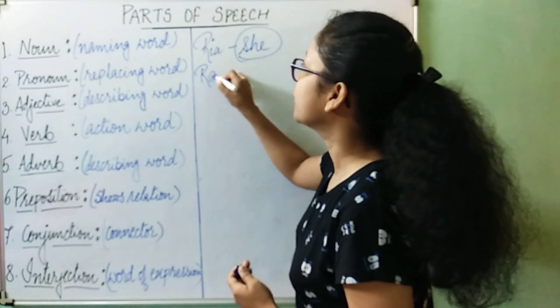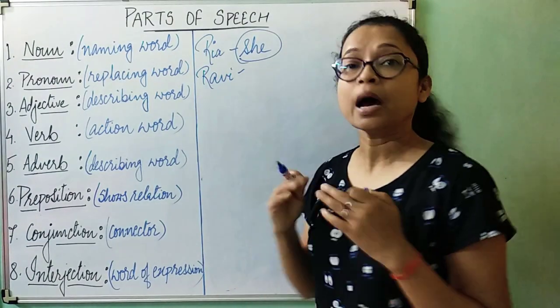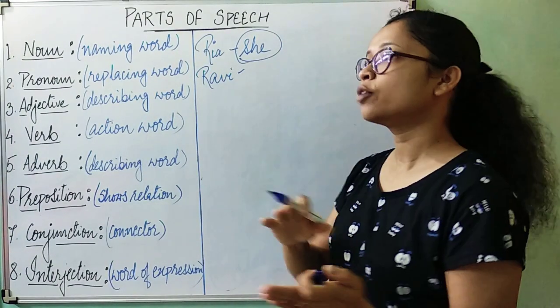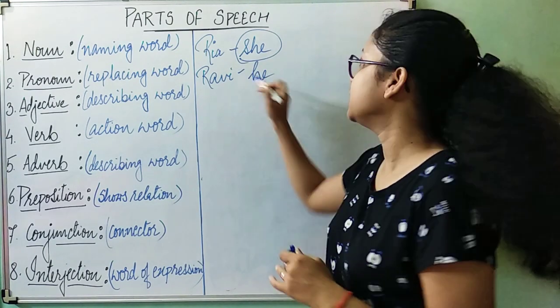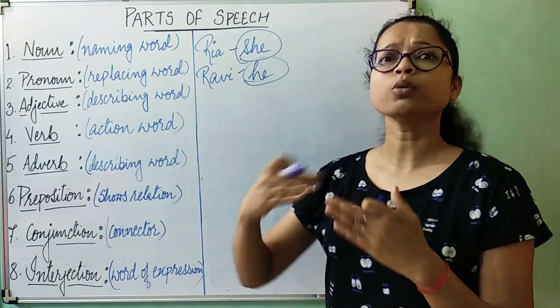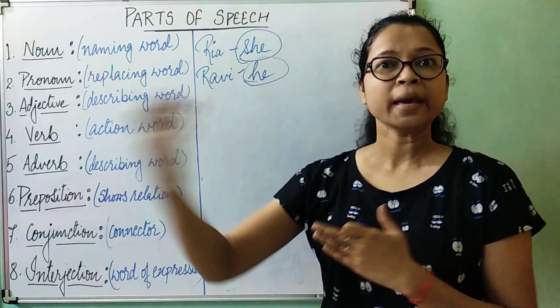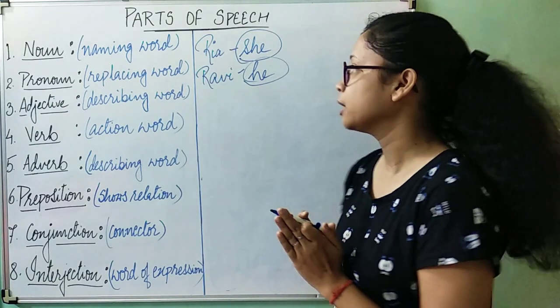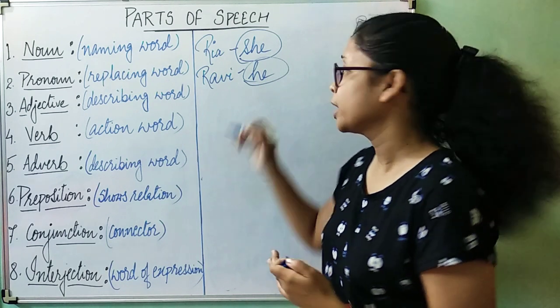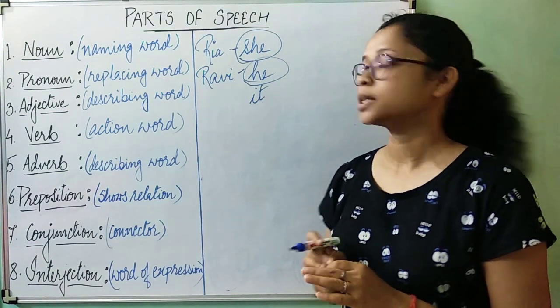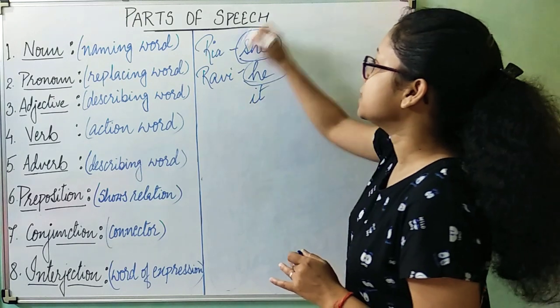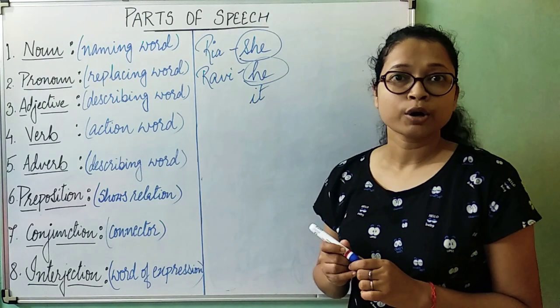Same is when you say Ravi, Ravi is a name of a person, but instead of Ravi, you can use he. So that is what he is, a pronoun used for a male. In a similar way, it is used for non-living things. So these are the replacements for nouns.